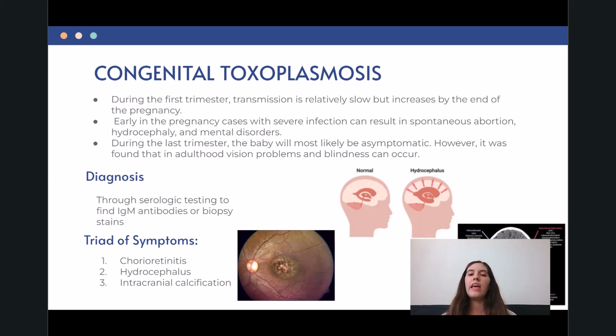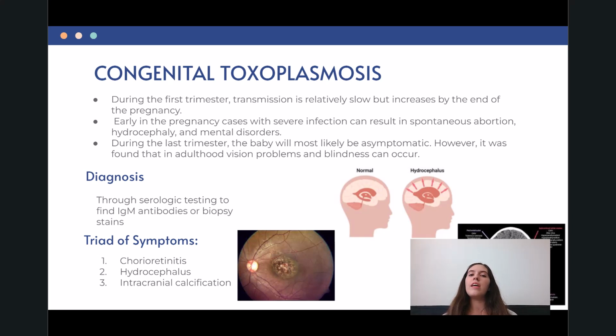So during the first trimester, transmission is relatively low, at about 20%, but increases by the end of pregnancy to around 80%. In early stages of pregnancy, it is most common to get severe infection, and this is usually during the first trimester and a week into the second trimester.